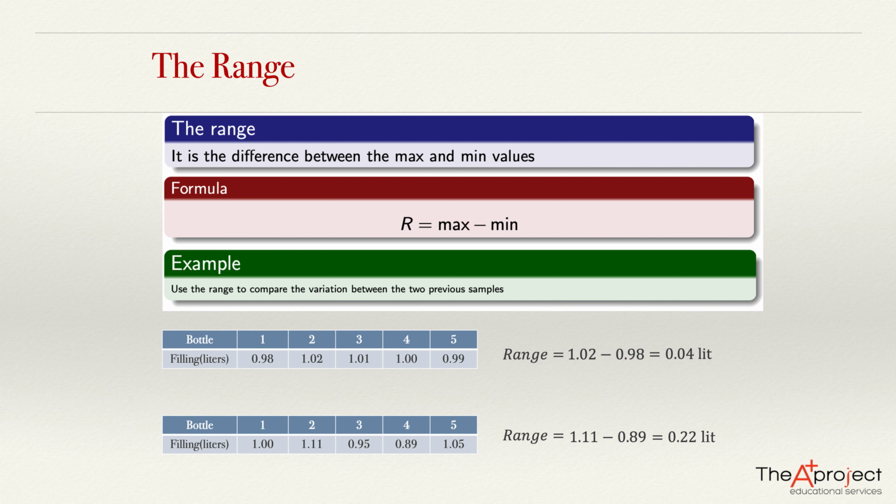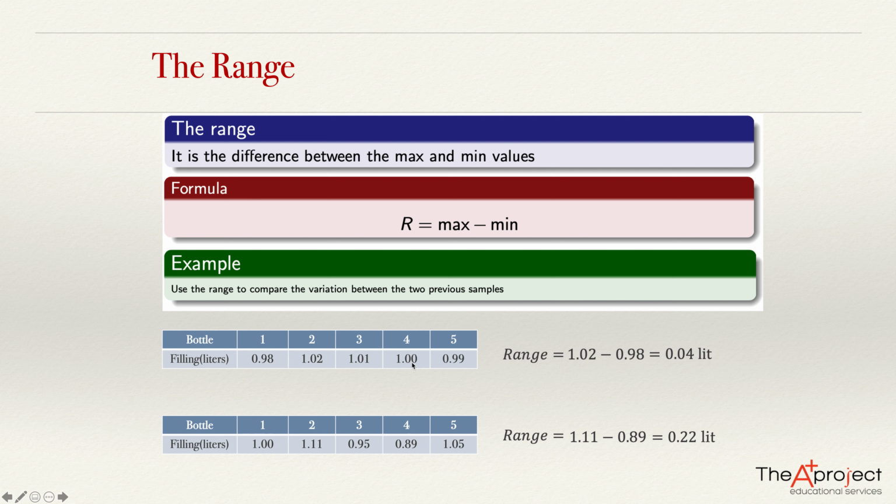Obviously, it's very easy. People like the range because it's very easy to compute. But there is something in the range that people don't like: if there is an outlier, a special observation that was taken in a special situation. For example, imagine that there is a power failure in the machine and the machine fills very little, 0.01, because of this failure.